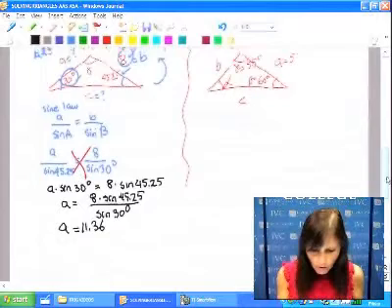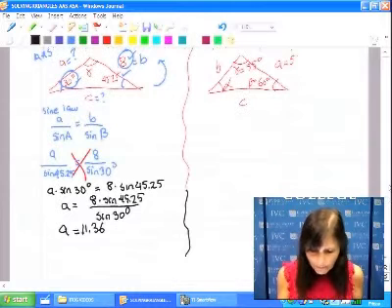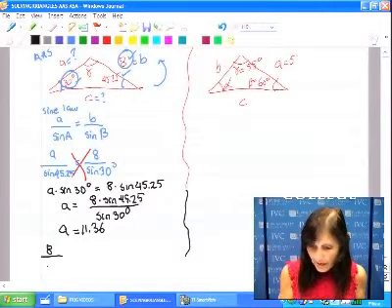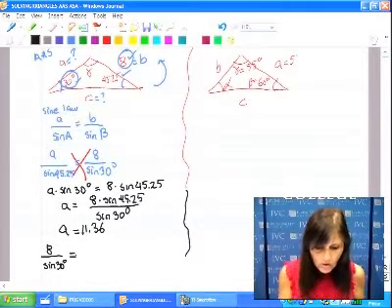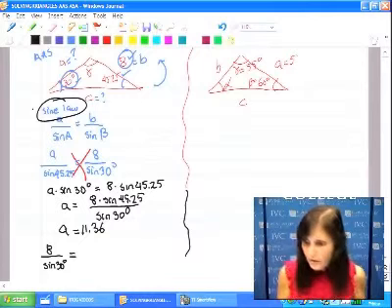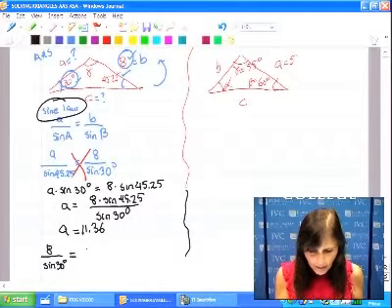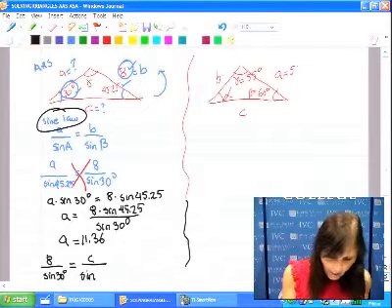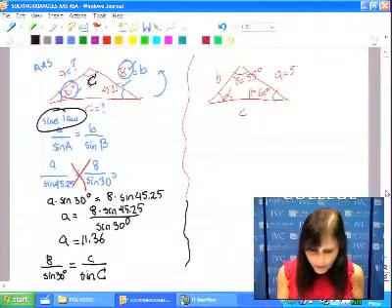All right. So let's do another side. I know that 8 over sine of 30 is going to equal, so I'm using the sine law twice, C over sine of big C. Well, do I know the big C?